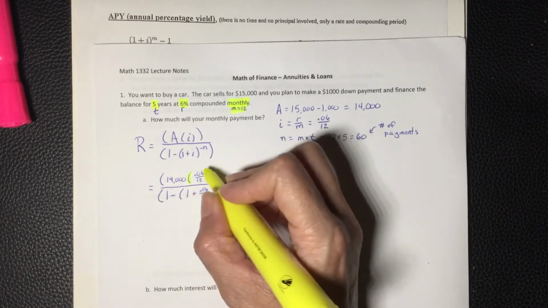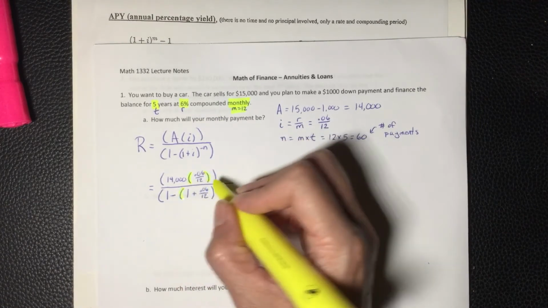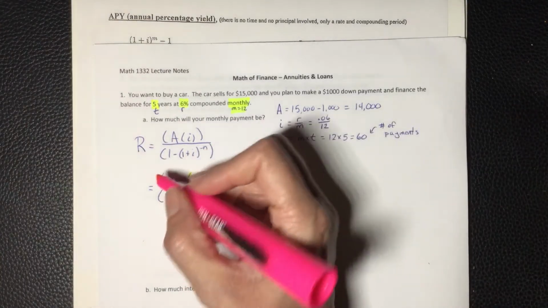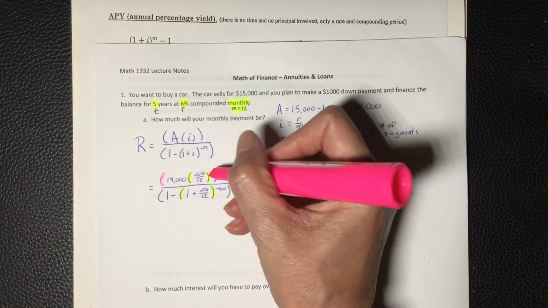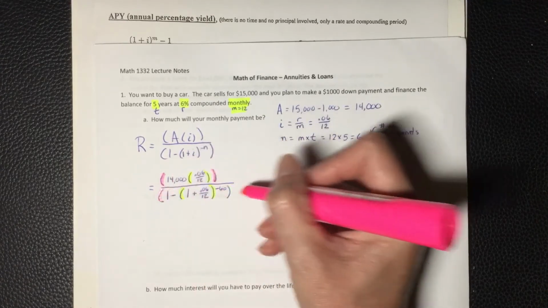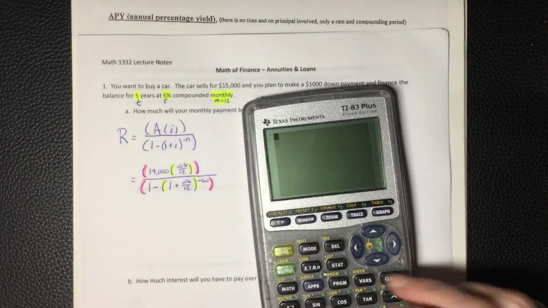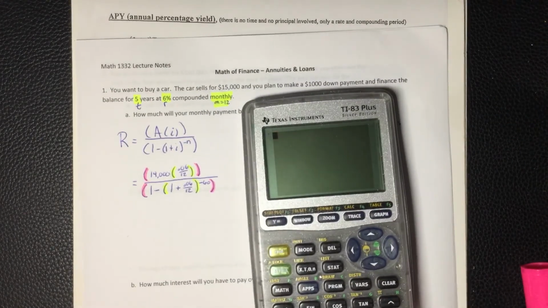So the trick to putting this in your calculator correctly is to make sure that you're getting all the parentheses. Notice we've got 2 sets of parentheses in the numerator, and we've got 2 in the denominator. So we want to be really careful that we get those put into the calculator correctly. I'm going to go ahead and enter the numerator. So parenthesis 14,000, parenthesis 0.06 divided by 12, close, close.